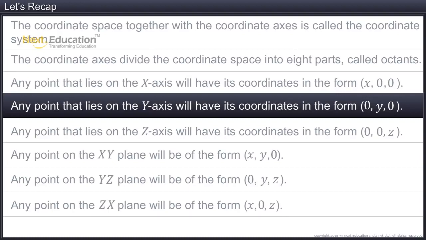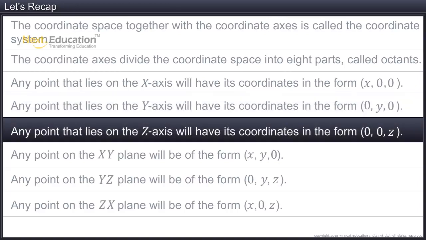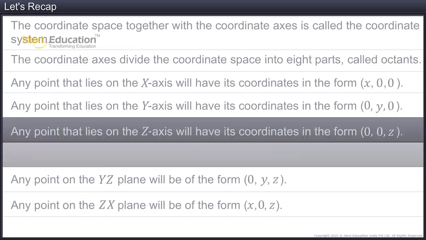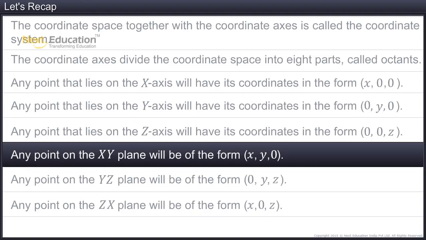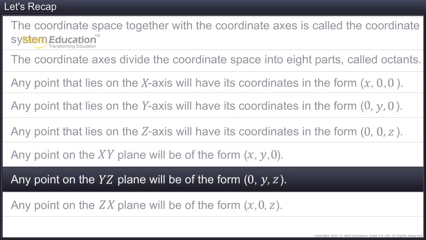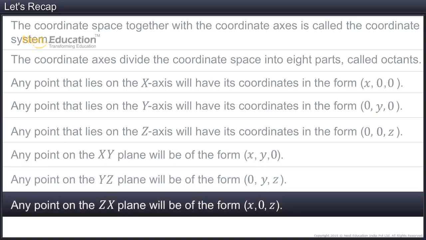Any point that lies on the y-axis will have its coordinates in the form 0, y, 0. Any point that lies on the z-axis will have its coordinates in the form 0, 0, z. Any point on the xy plane will be of the form x, y, 0. Any point on the yz plane will be of the form 0, y, z. Any point on the zx plane will be of the form x, 0, z.